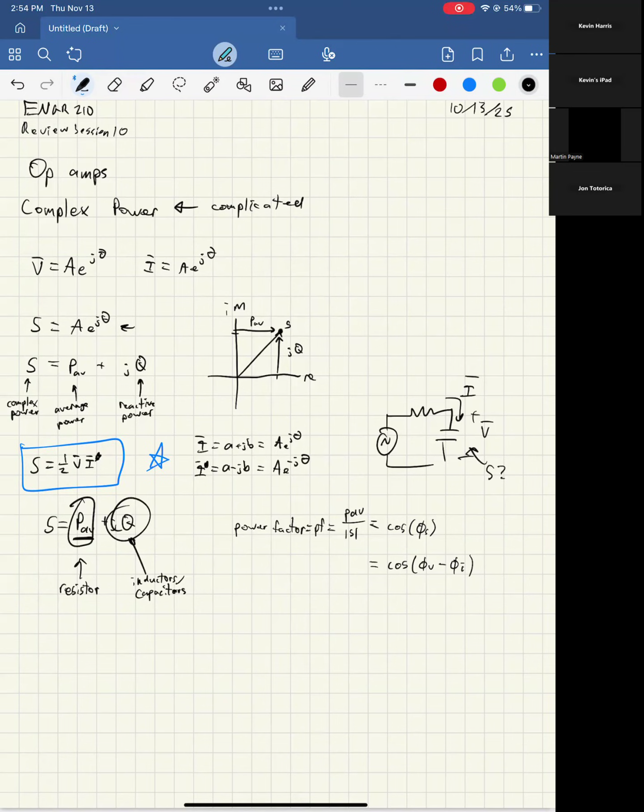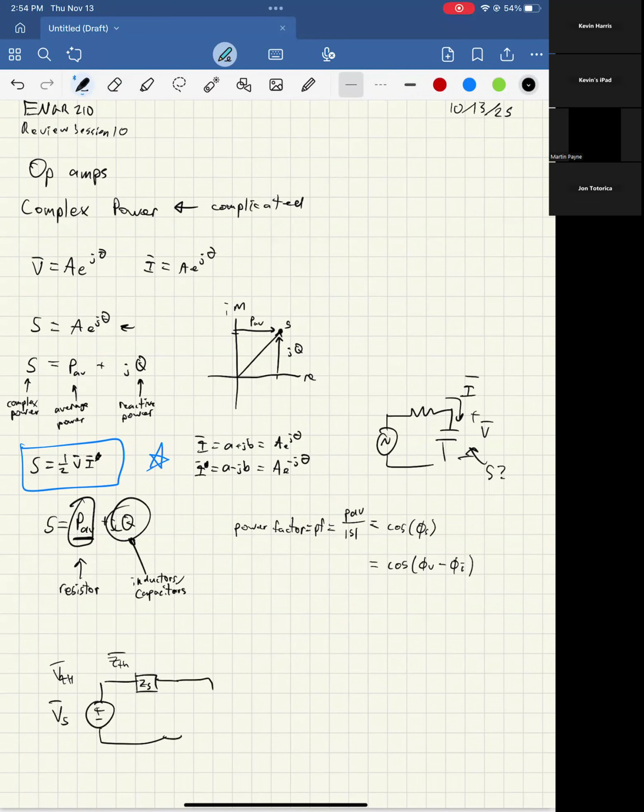Okay, the one other thing is max power transfer. Let's say we have some source voltage and it has some associated source impedance, right? Or you can think of this as your VTH and your ZTH. You have some circuit that can be modeled like this.